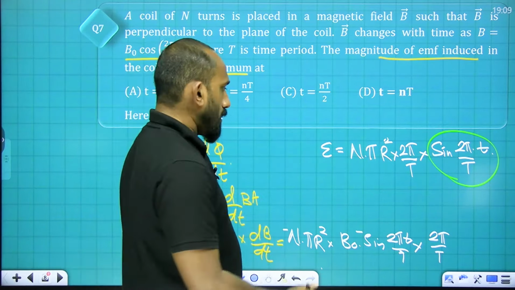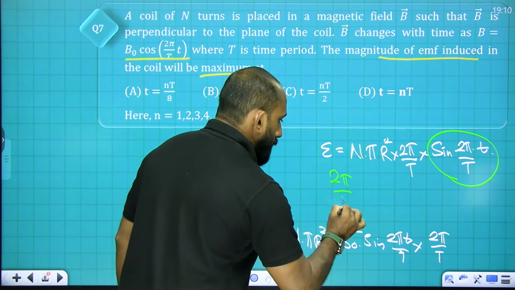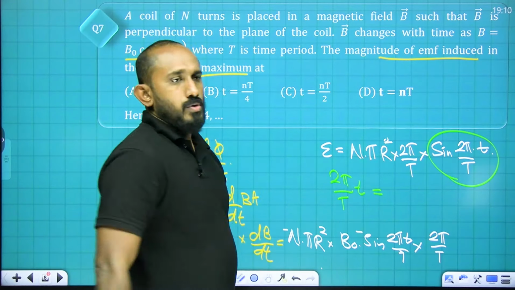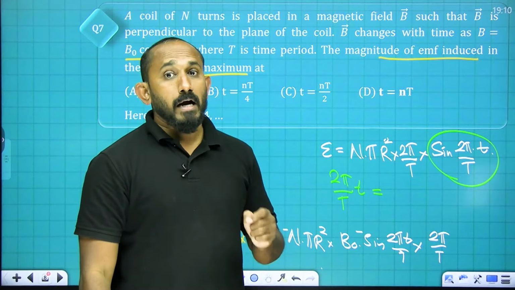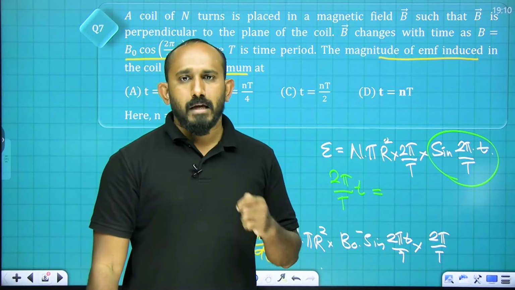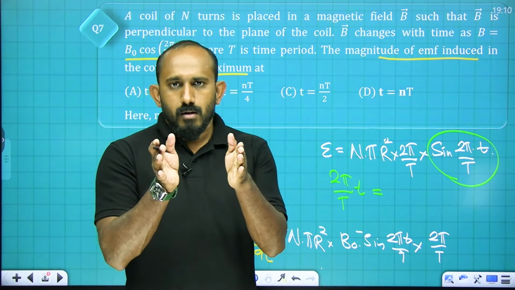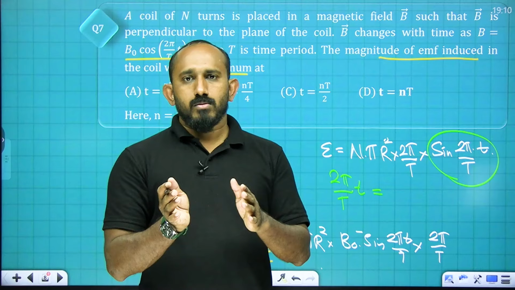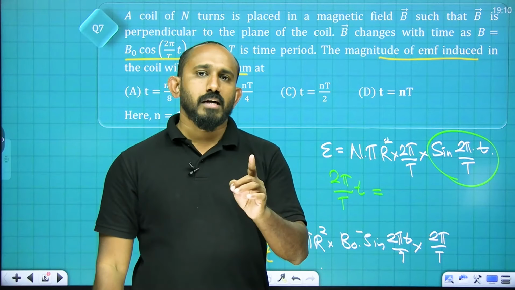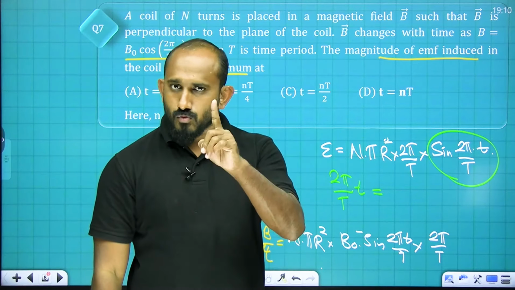Maximum. So we can say this 2 pi by T into t should be equal to an odd multiple of pi by 2. To get sine equal to 1, the values you can have are pi by 2, 3 pi by 2, and it goes on. So the maximum value of sine will be at pi by 2. Sine pi by 2 is 1, plus 1 is there.